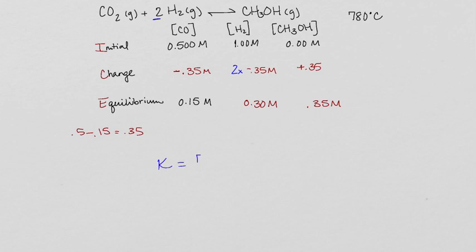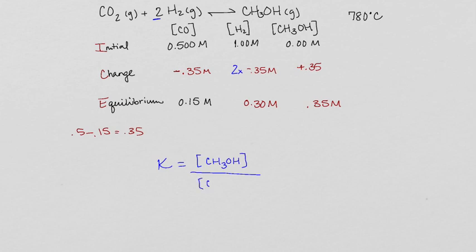So we know that it's our methanol on top. And since there's no coefficient, it's just 1, right? So we don't have to put anything here. You can put a 1 there if you'd like for bookkeeping purposes, but you don't need to do that.